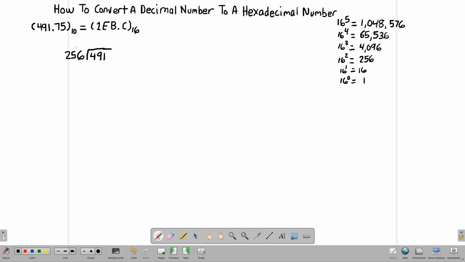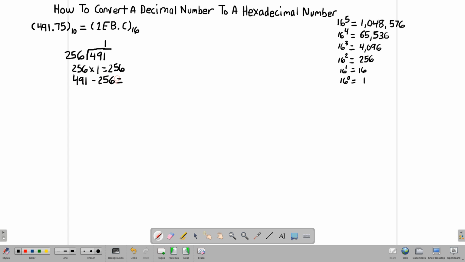So we will divide 256 into 491. We get the value 1, and 256 times 1 equals 256. And so we take 491 and subtract 256 from 491.